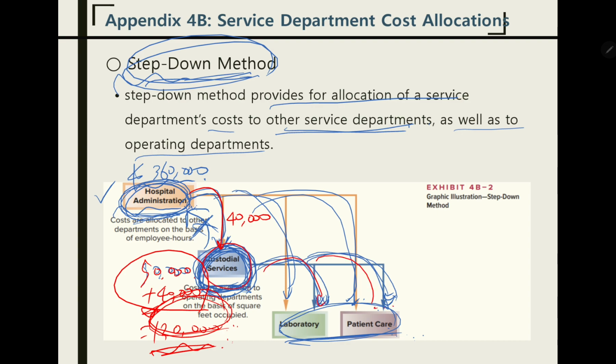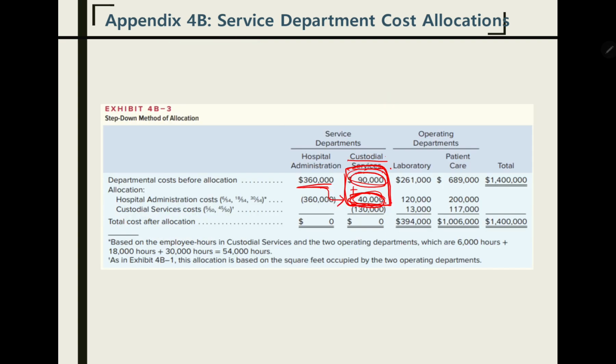Why? Because custodial service has control over the 90,000 and the 40,000 as well. Okay. So in total, 130,000 should be allocated to laboratory and patient care, which are operating department.